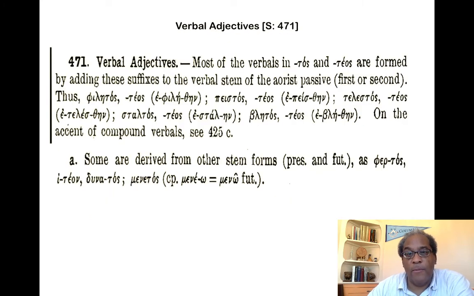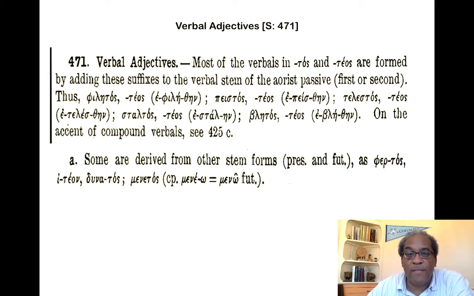Now, how are these formed? Smyth 471. Most of the verbals in -tos and -teos are formed by adding these suffixes to the verbal stem of the aorist passive, first or second. So we have philetos, philēteos, from the second aorist of phileo, ephilethen, and then others are derived that way, like peustos, peusteos, and telestos, telesteos.